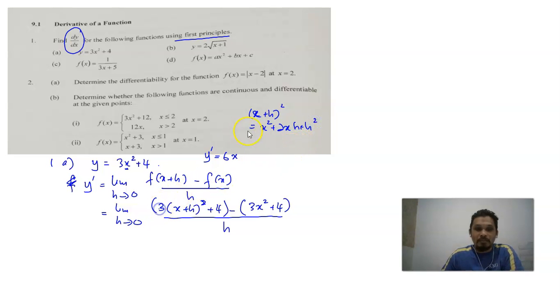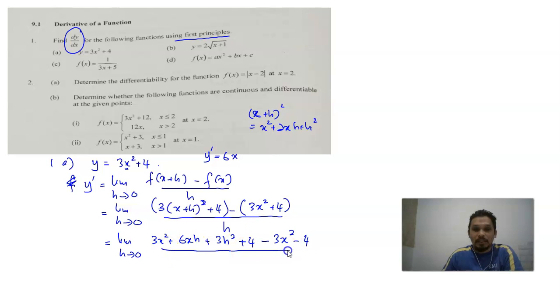So 3 multiplied with every single term of the expansion of (x plus h) squared, with a limit of h approaching 0: 3x squared plus 3 times 2xh, 6xh, plus 3 times h squared, 3h squared, plus 4, minus with negative 3 times x squared, negative 3x squared, minus 4, and divided by h.